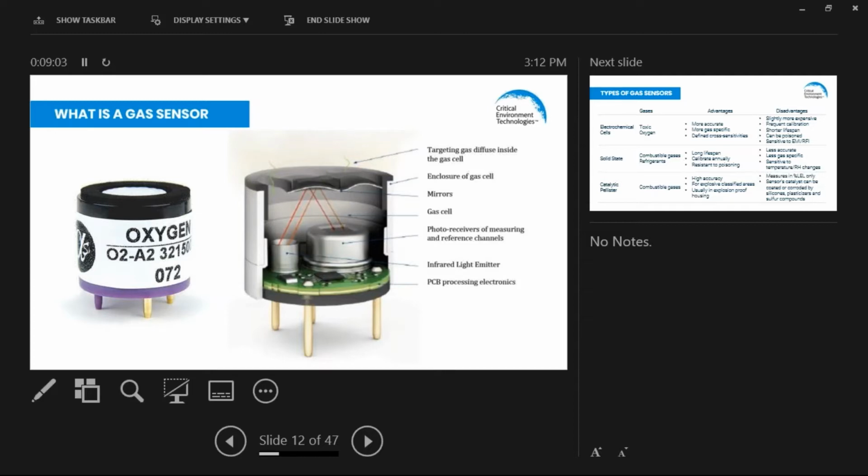And in an infrared cell, there's an infrared transmitter that is constantly putting out infrared energy. The ambient atmosphere that is diffused inside that cell, if it contains any combustible gas or carbon dioxide, depending upon what the infrared cell is manufactured for and tuned for, in that concentration of combustible gas or carbon dioxide, the carbon atoms will absorb a certain amount of that energy.